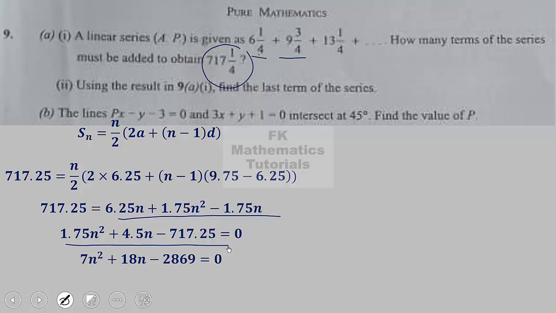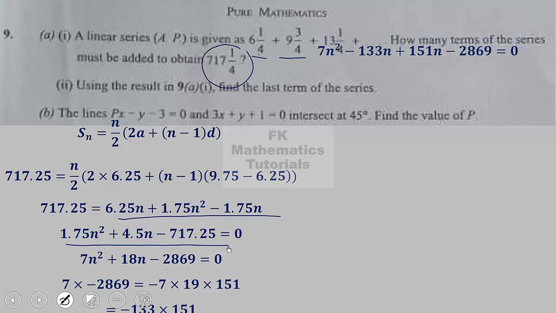So we need to factorize this. Looking at the product of a and c, we get this, which will give us negative 133 and 151. So that will help us to split the middle term.